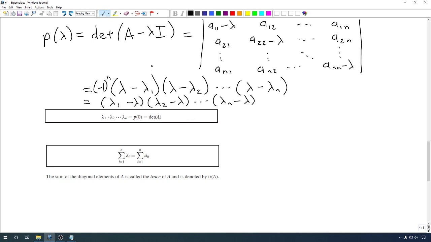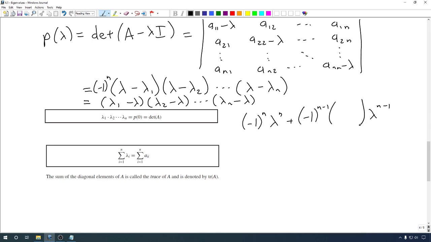Another thing that we can see, and this would take a lot of actual computing to break apart and show, but I'll just have you take my word for it for now. If we look at the coefficients, lambda to the n will have the coefficient of negative 1 to the n. That's always going to be our first term. But the second term is always going to look like, first of all, this negative 1 to the n minus 1. I'm not going to worry about that part.